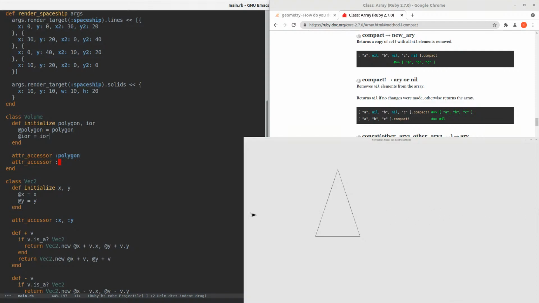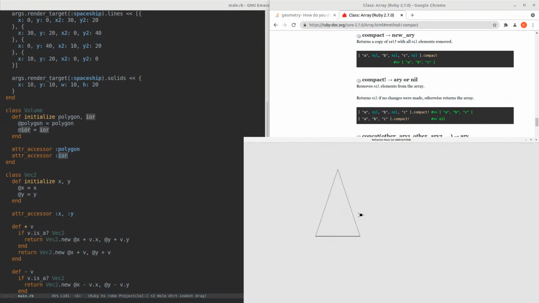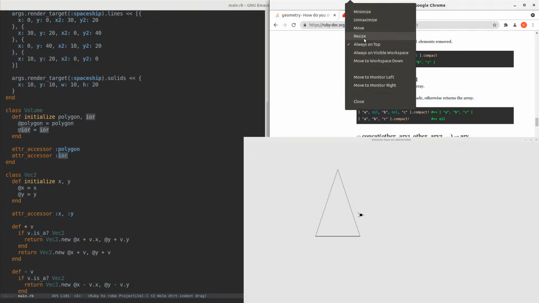IOR. And so essentially what we're going to be implementing here is something called Snell's law. And Snell's law is the equation which defines how light will be impacted by refraction.